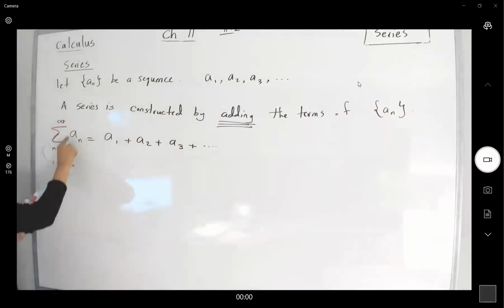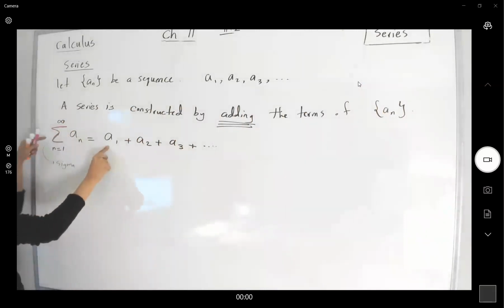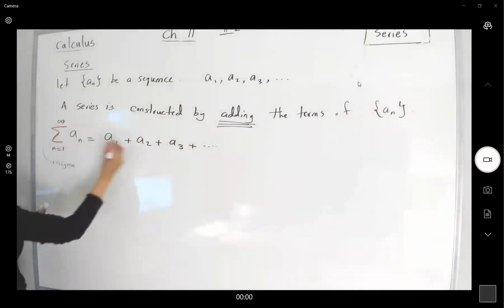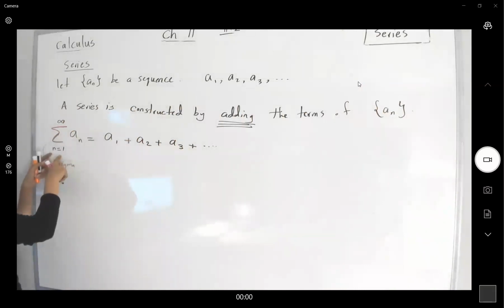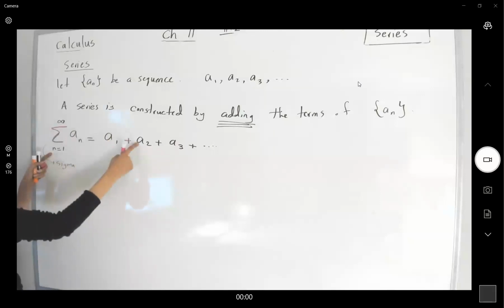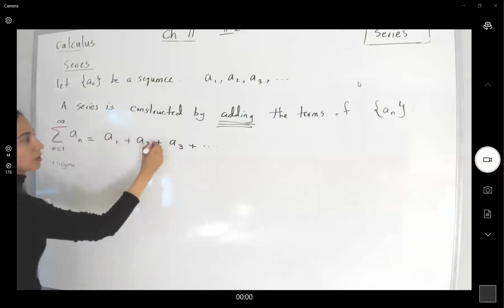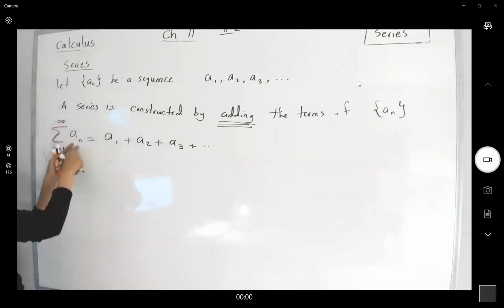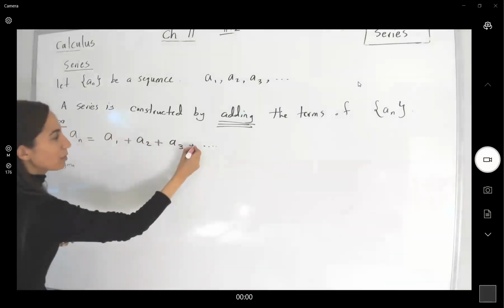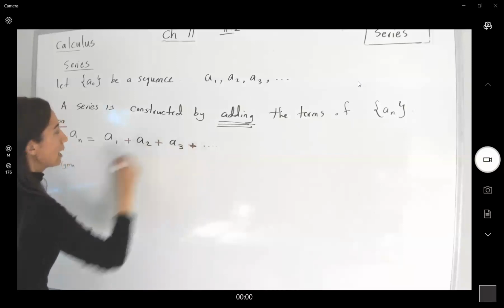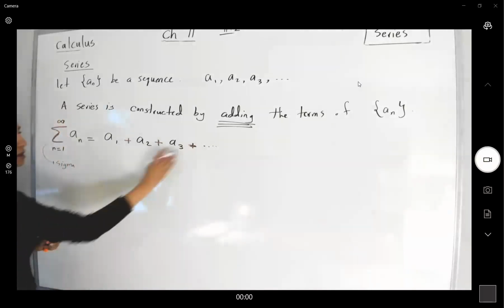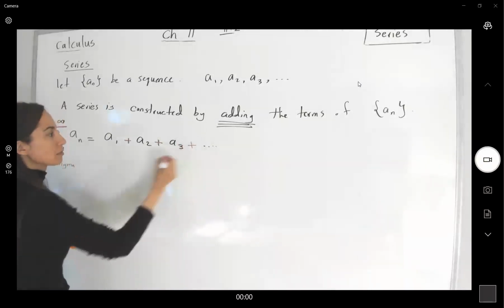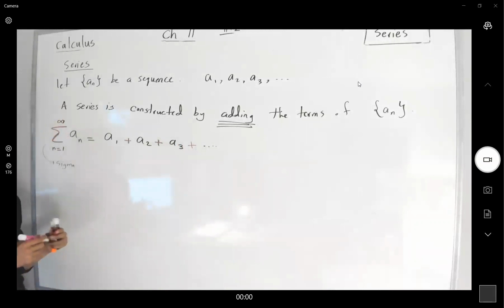When n is equal to 1, we get a1. Summation means plus. Next n is equal to 2, we get a2, plus. Next n is 3, a sub 3, then plus, and so on. So this series takes all the terms of a sequence and adds them together.